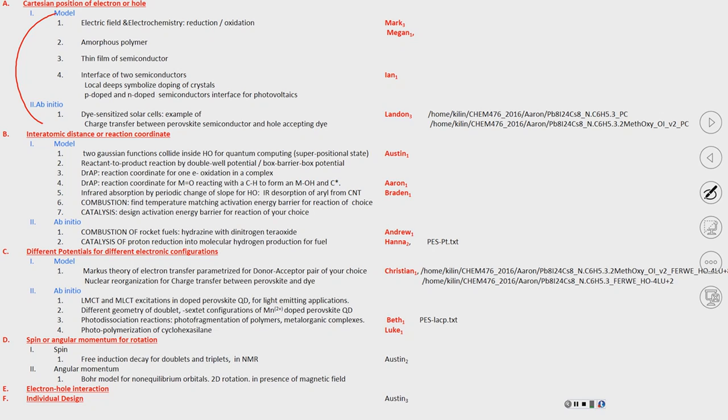The second part deals with the Cartesian direction coordinate, where our one-dimensional x dimension is interatomic distance or something related to interatomic distance or coordinate.